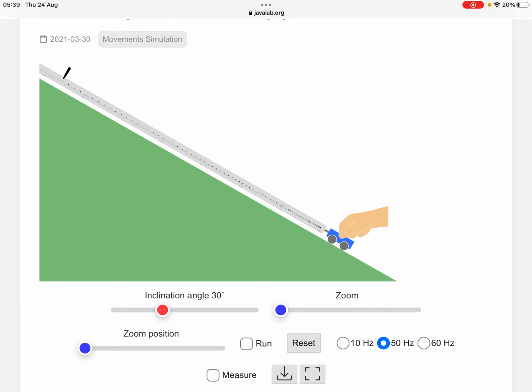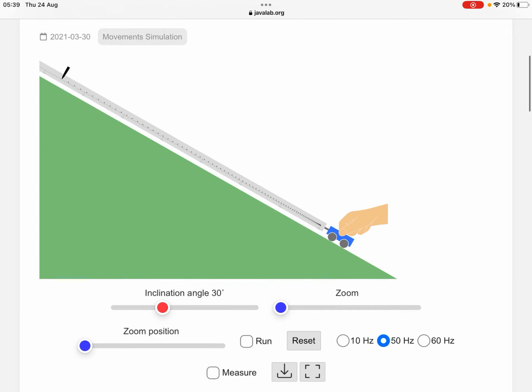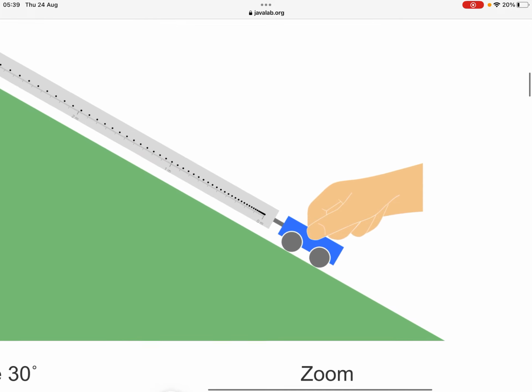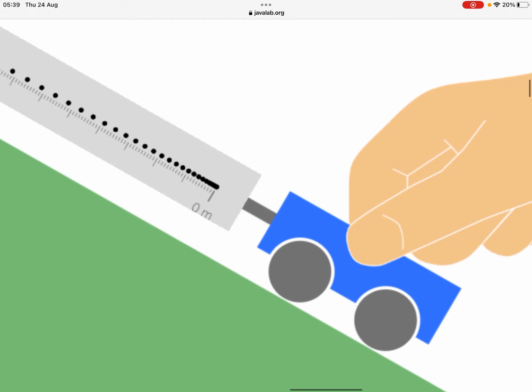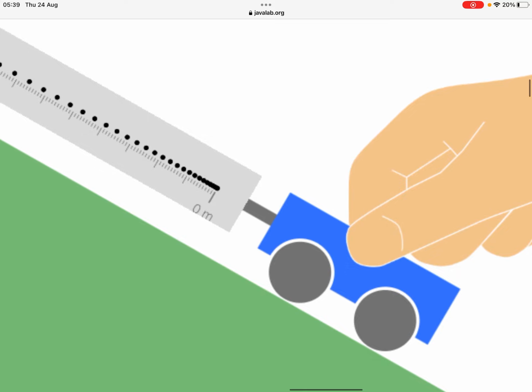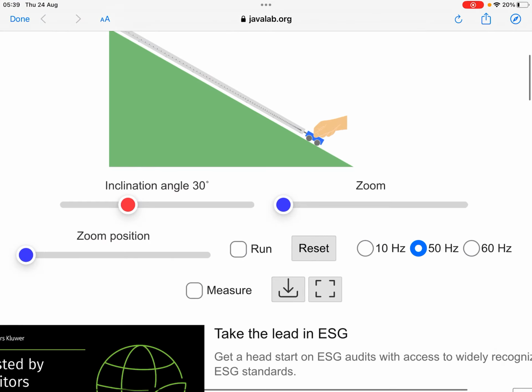So the arrow is pointing downwards. So the starting point is to be over here, near the blue toy car. So this is the starting point, which is where the direction of motion is pointing to, and then the ending point is here.